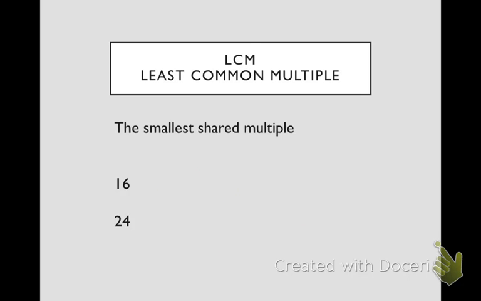Now, let's change our thinking for least common multiple. Remember what this is. This is your smallest shared multiple. So you've got to think about what multiples are. Multiples are achieved by multiplying something like 16 times 1. Well, 16 times 1 is 16. 16 times 2 is 32. 16 times 3 is 48. 16 times 4 is 64.